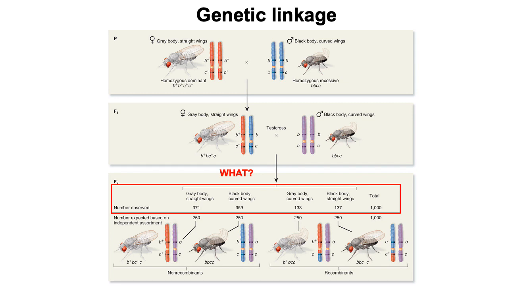If we go way up to the top panel, what was the phenotype of those initial parental flies? Well, it was a gray body straight winged fly and a black body curved winged fly. So those parental phenotypes seem to be overrepresented, and the other 2 phenotypes seem to be underrepresented. And that's an important thing to think about when we consider what's actually happening here and how this relates to what's happening in meiosis.